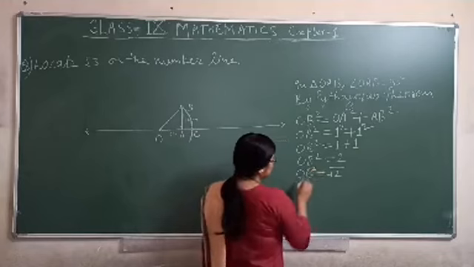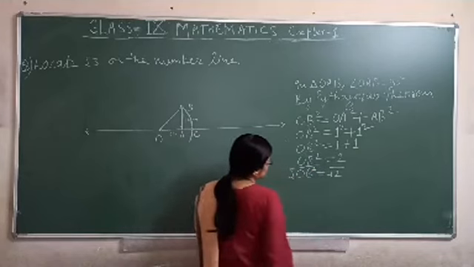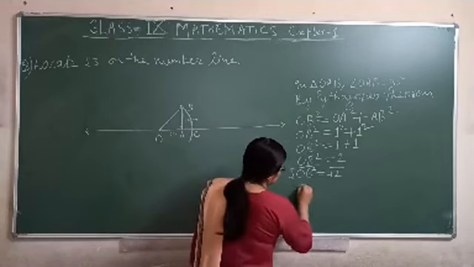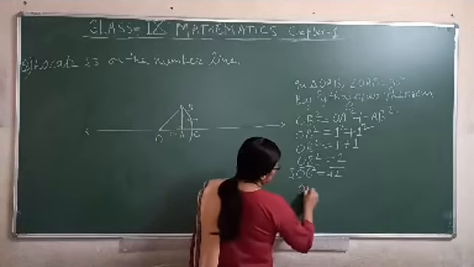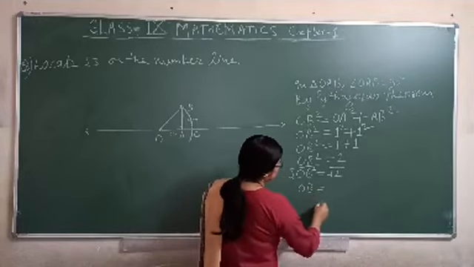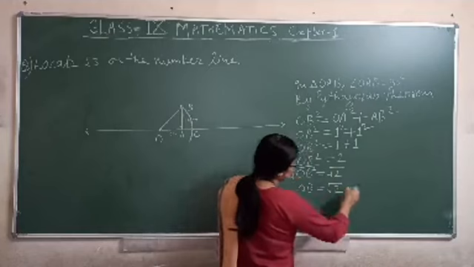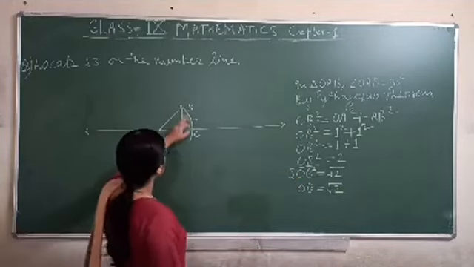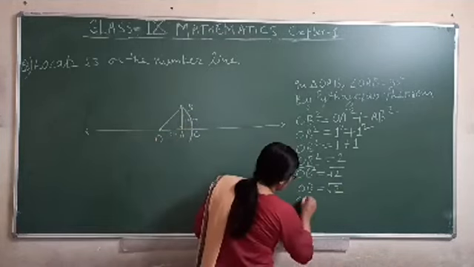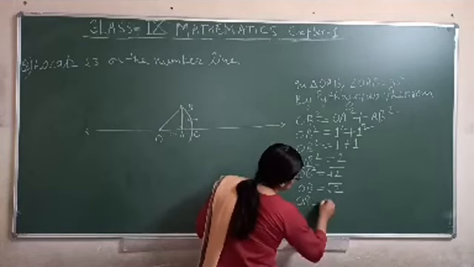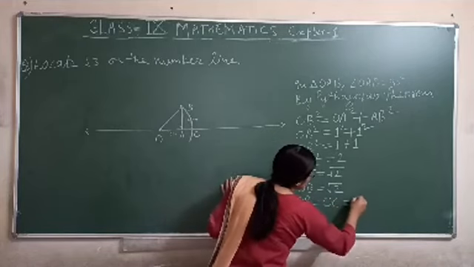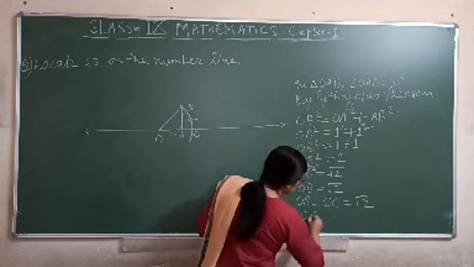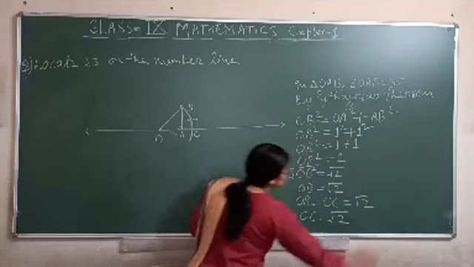If you want to do it in detail, you will do it like that. OB equals root 2. And you are seeing here OB and OC are equal. So OB equals OC equals root 2. So OC equals root 2.